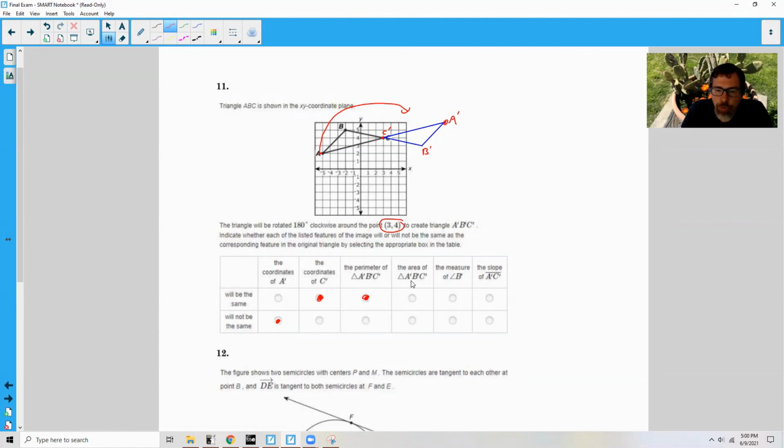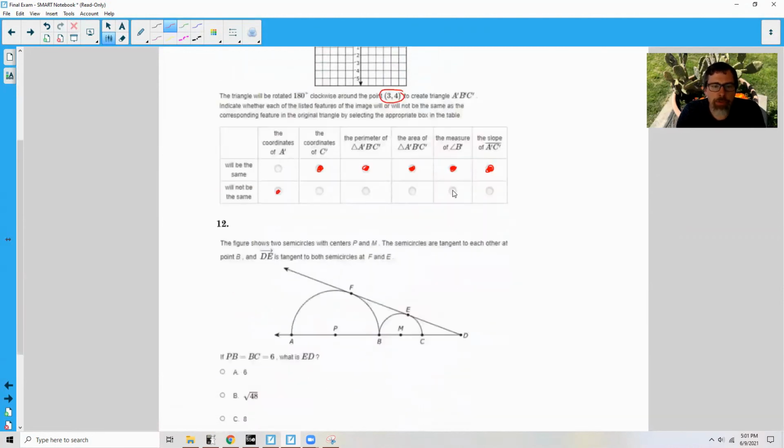Area, rotations preserve area. Size or preserve size, so area does not change. The measure of angle B, again, the shape is preserved, angle measures don't change. The slope of A prime C prime is going to be equal to the slope of AC because of the 180 degree rotation, and that's just going to be a continuation of a straight line. So that will also be the same.